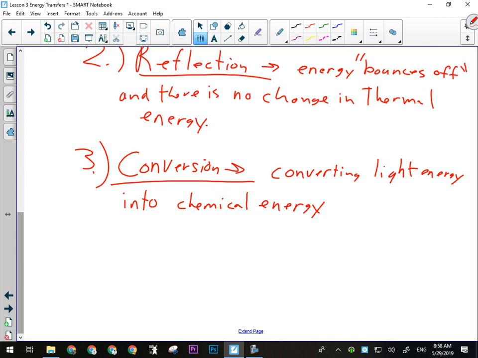Photosynthesis. So in other words, light hits plants. Plants do photosynthesis. They make chemical energy. That's the process of conversion. All right, those are the three things that can happen to light energy when it strikes the Earth.